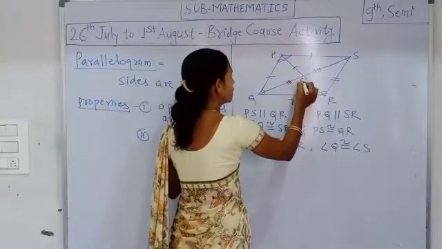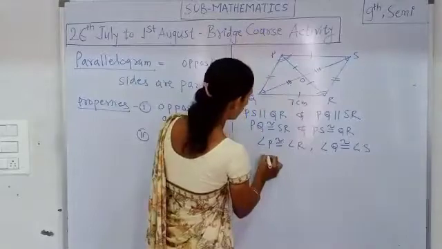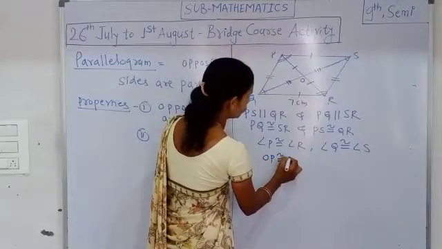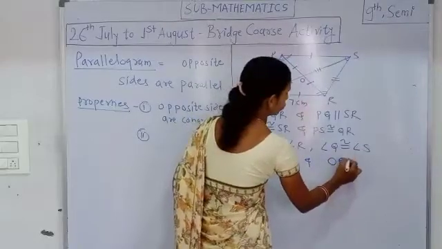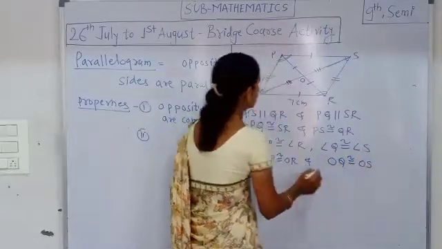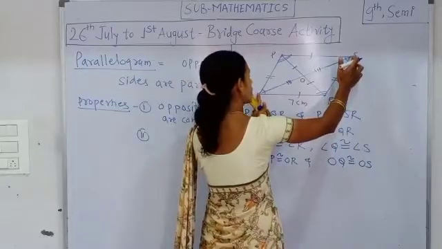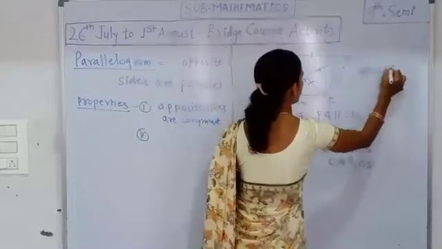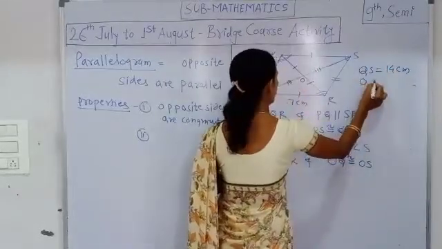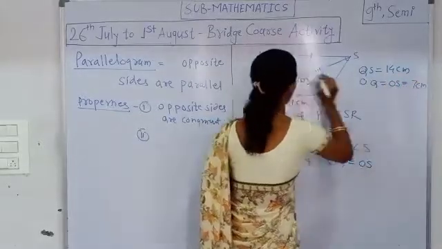If they intersect at point O, then OP is congruent to OR and OQ is congruent to OS. Suppose QS is given as 14 cm, then OQ is equal to OS, that is 7 cm.